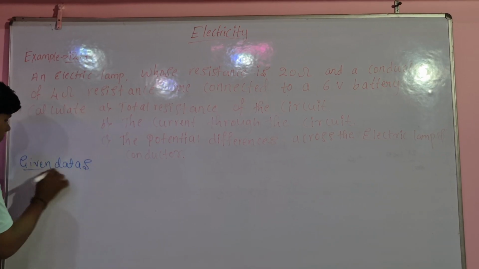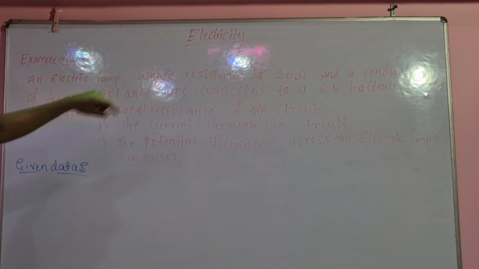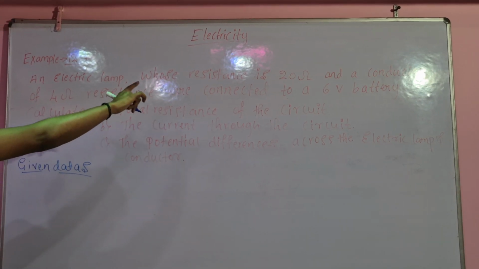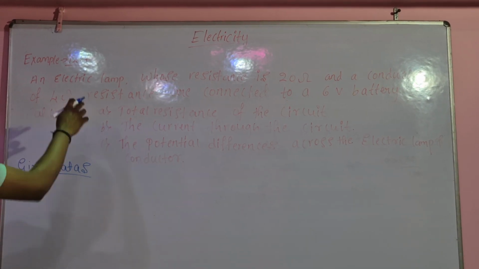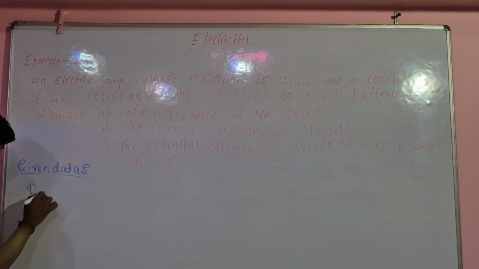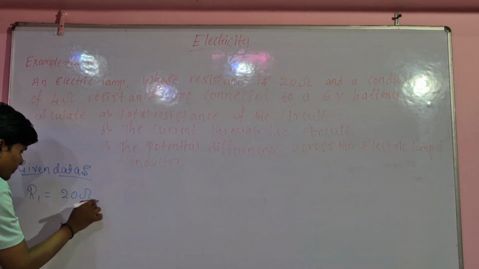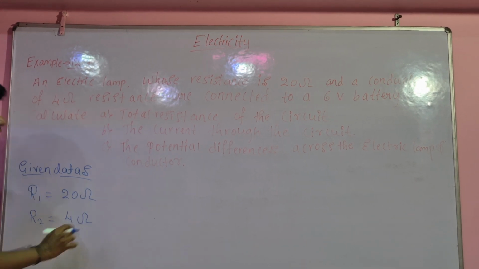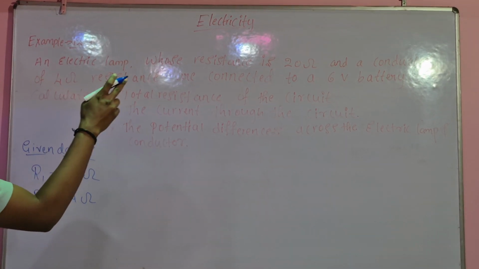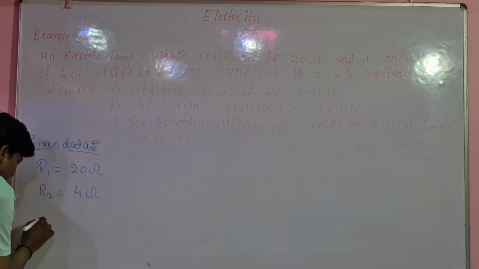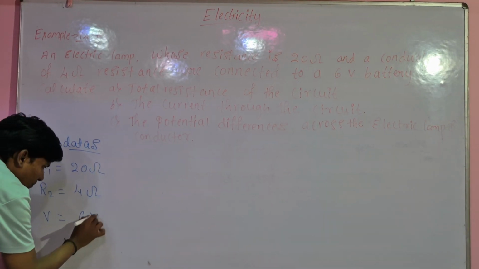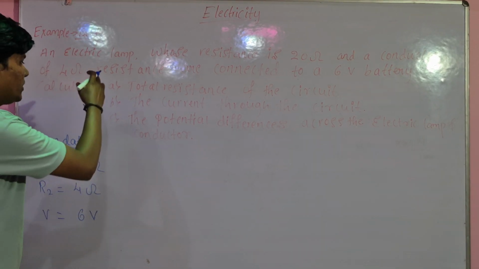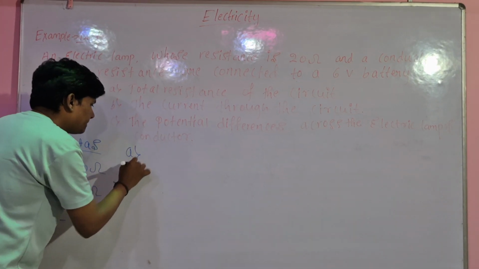We have two resistances: R1 is 20 ohm and R2 is 4 ohm, and they are connected to a 6 volt battery. These three things are given, and first we have to solve A.